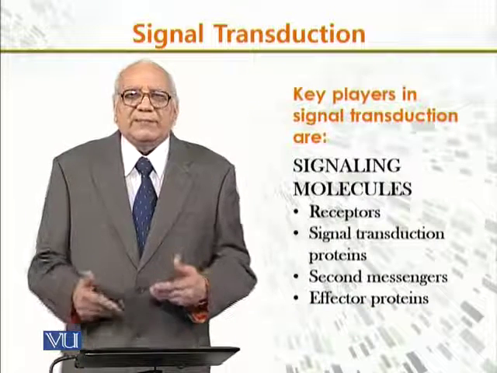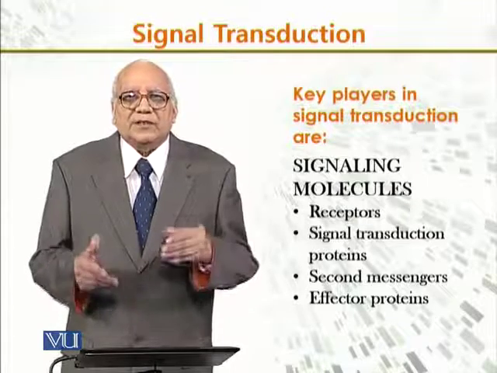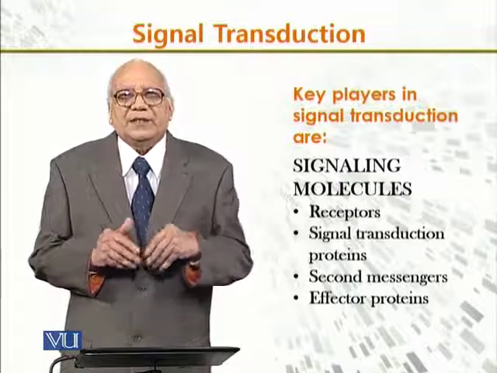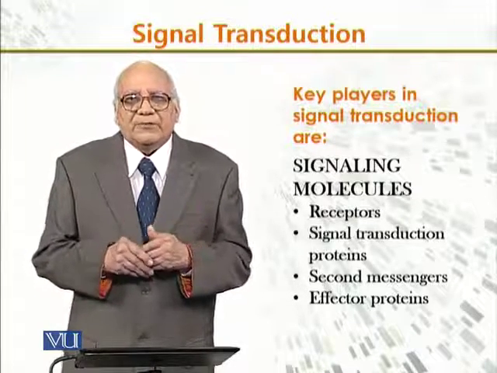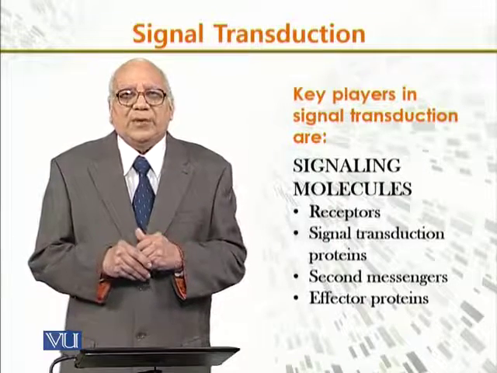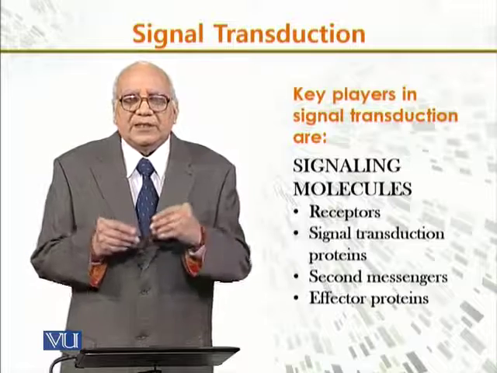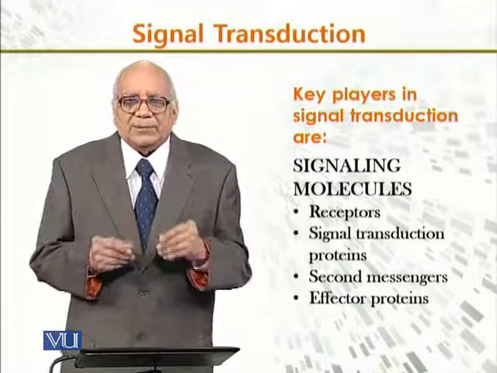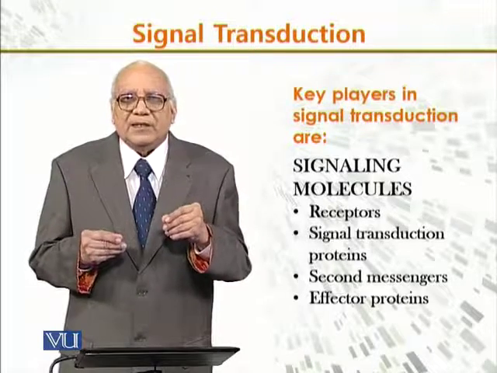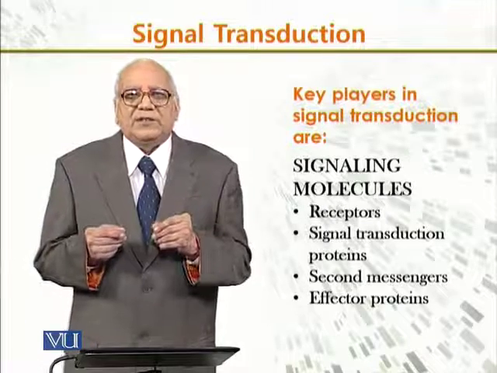Now, there are many key players in signal transduction. Key players mean the very important components for signal transduction. They are signaling molecules like receptors, that is the part which receives the signal.